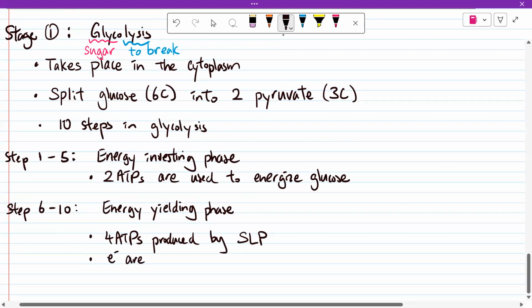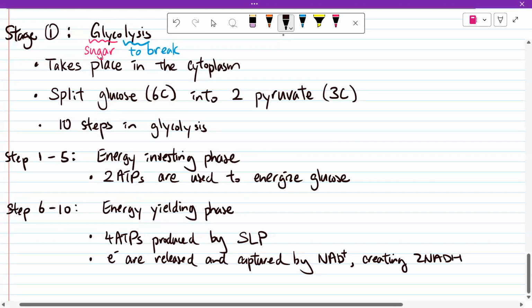Electrons are released and captured by NAD+, creating 2 NADH.